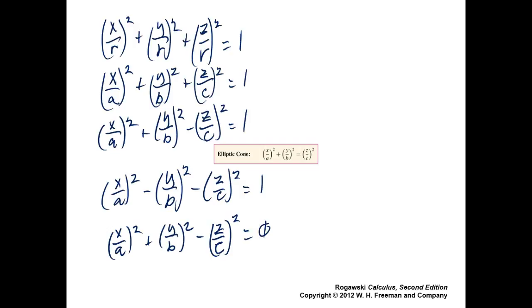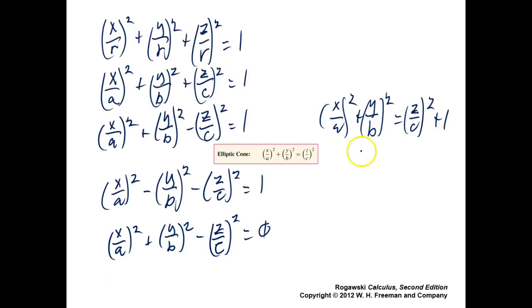If you go back to, and then I'll put these back on the same axis. This is equivalent to x over a squared plus y over b squared is equal to z over c squared plus 1. This one, I'm going to swap the axes back again and put it the same way. x over a squared plus y over b squared is equal to z over c squared minus 1. Having the z-axis rather than the x-axis like I do here.